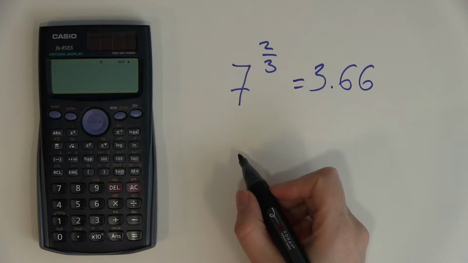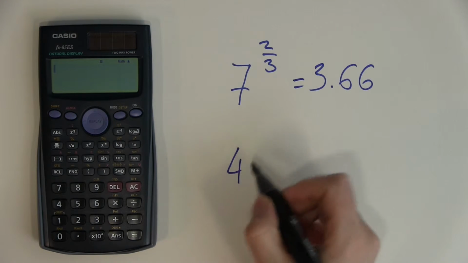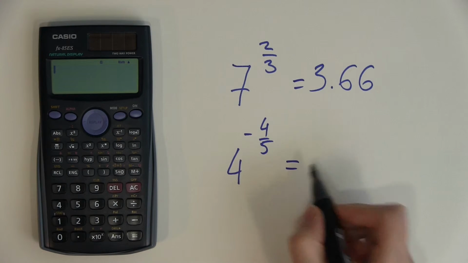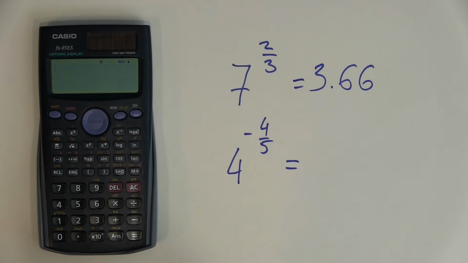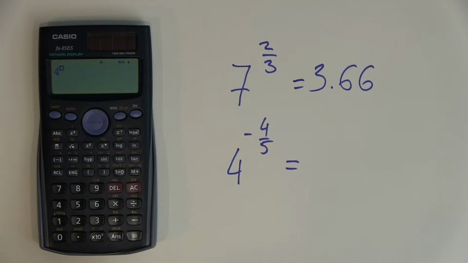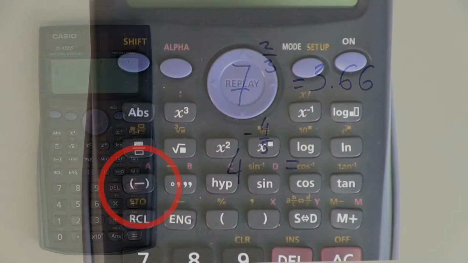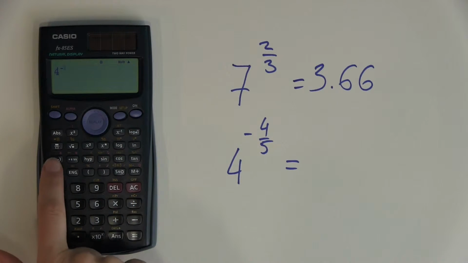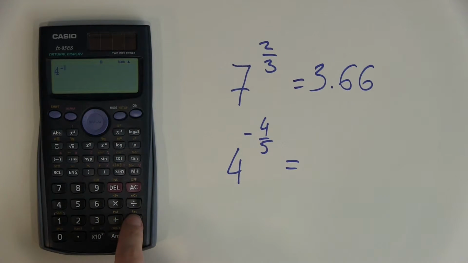What happens if I wanted to do 4 to the minus 4/5? Start with your base, press the power button, and because now it's a negative number, I can use the negative sign. Now remember that I can use either the negative sign or the subtraction button.